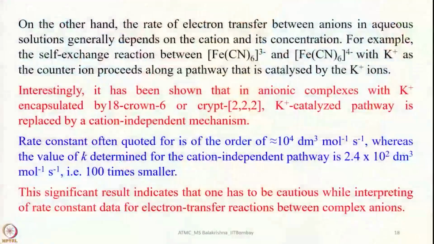The significant result indicates that one has to be cautious while interpreting rate constant data for electron transfer reactions between complexes. That means one has to analytically think and evaluate every species present in a particular reaction before arriving at any conclusion, is the lesson these points are telling us.